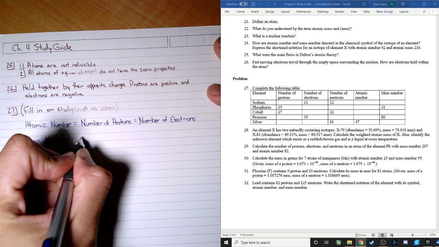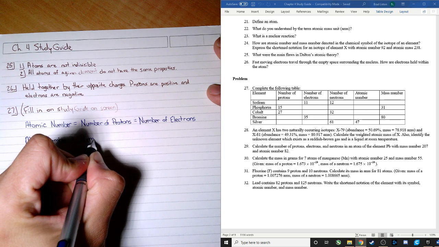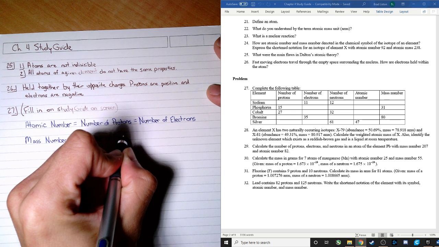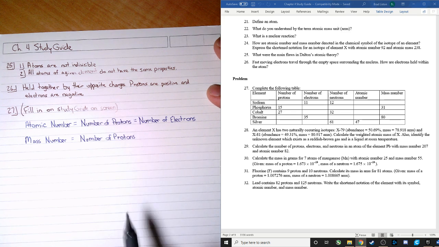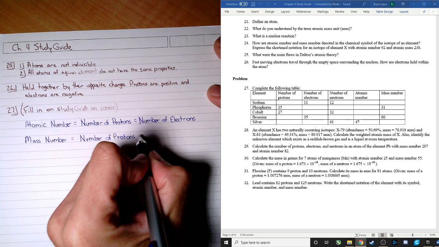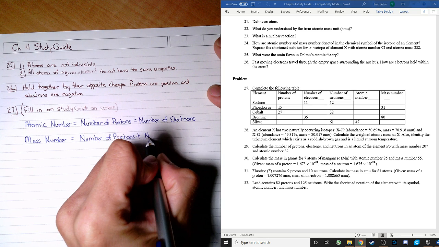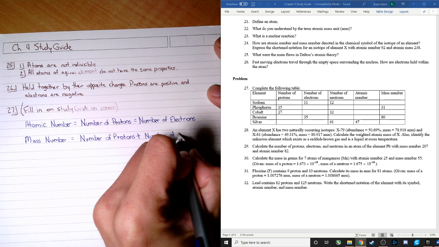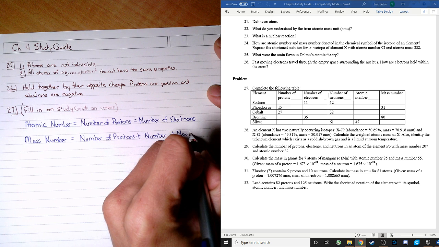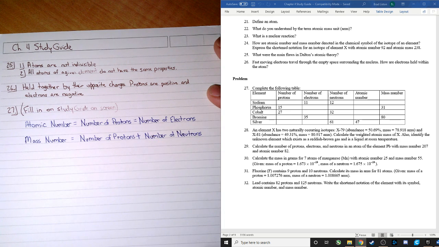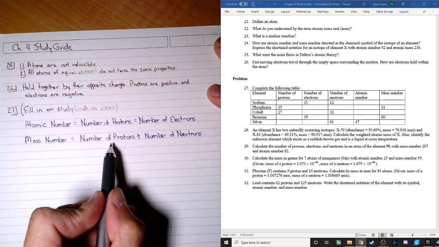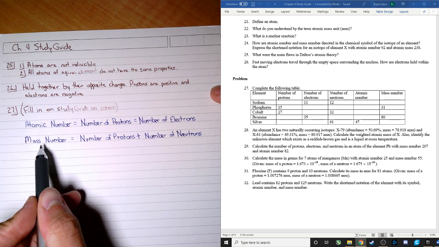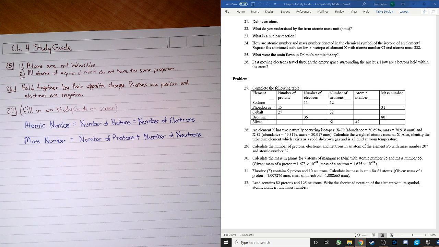And that is equal to the number of protons and number of neutrons added together. That is your mass number.